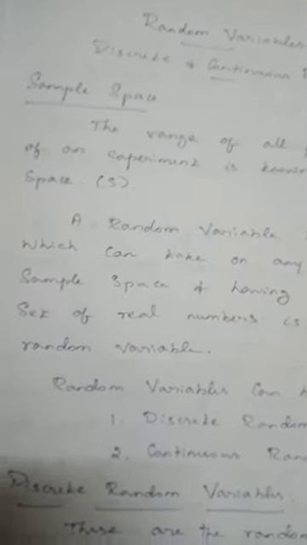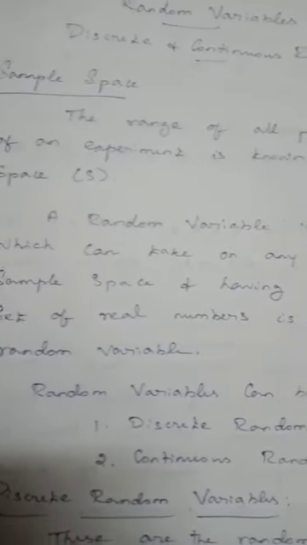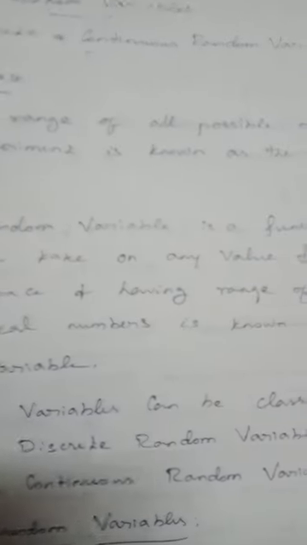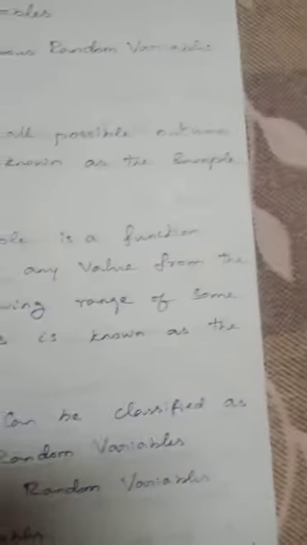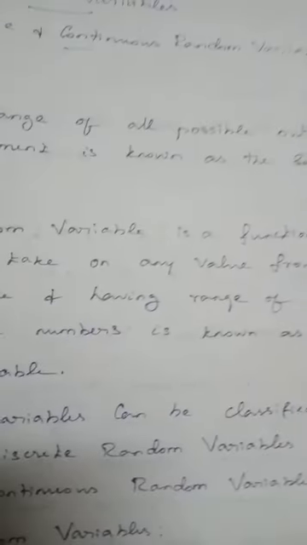Now we see the definition of random variable. What is a random variable? A random variable is a function which can take on any value from the sample space. That is, it takes the value from the sample space and has a range of some set of real numbers.